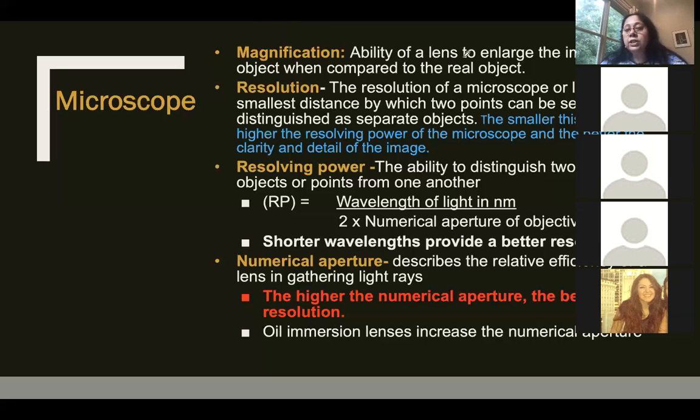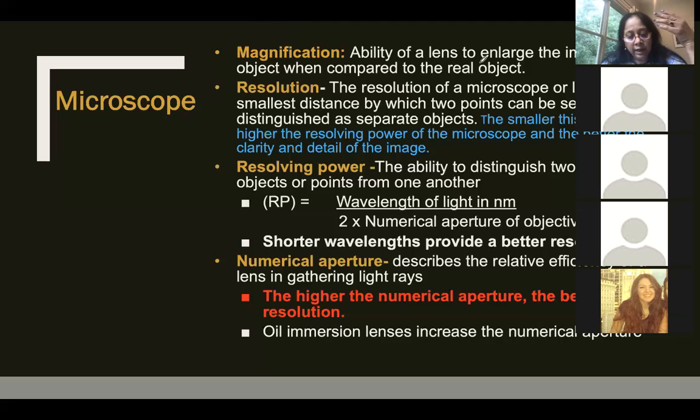Magnification is the ability of the microscope to enlarge the image. How big an image the microscope can make, that's the magnification. It could be 10 times, 100 times, or 1,000 times enlarged. Our regular microscope that we use in the lab magnifies 1,000 times.